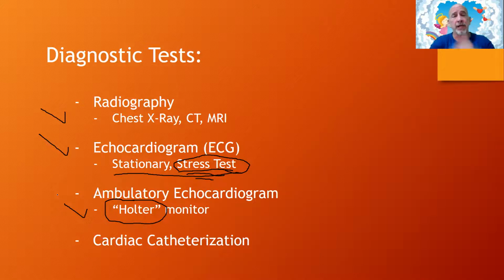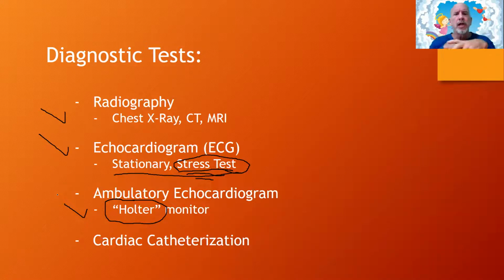Remember when I was talking about that, the atrium kind of gets weird. Sometimes your atrium will get weird for like 5 or 10 minutes, then go back to normal. And then you're going through the day and things like stress will bring it on, and your boss yells at you, and then suddenly your atrium is getting weird again. But then you go to the doctor and your atrium goes back to normal.